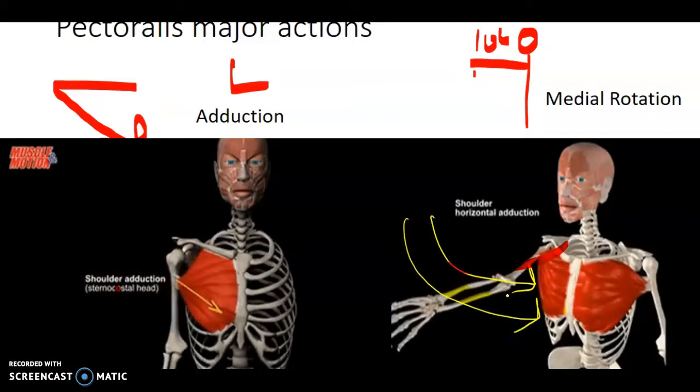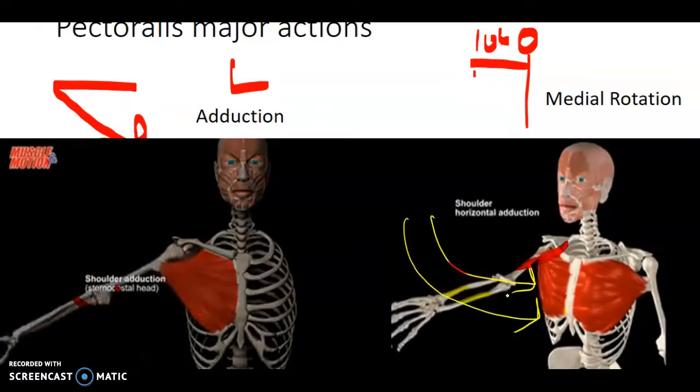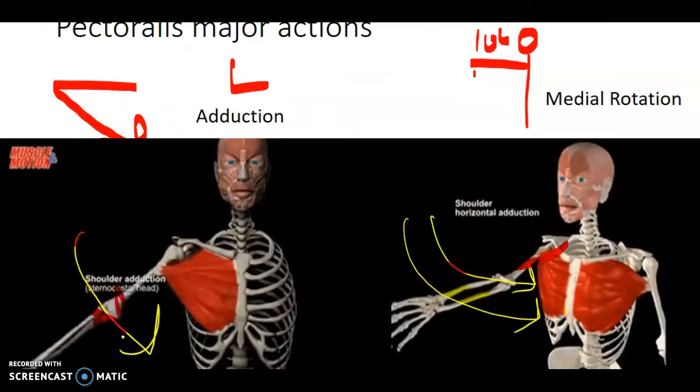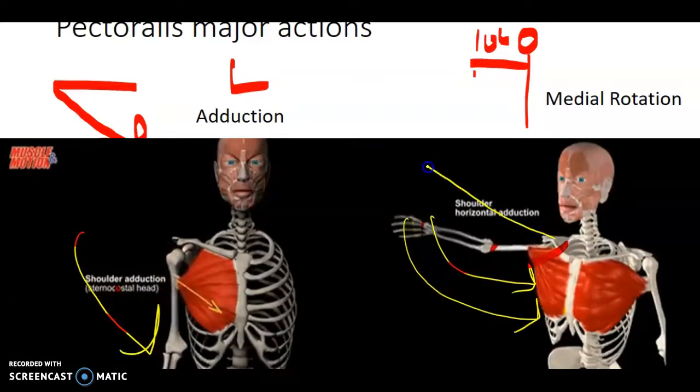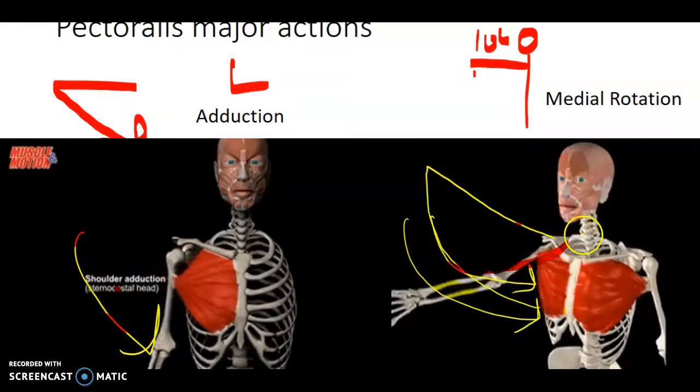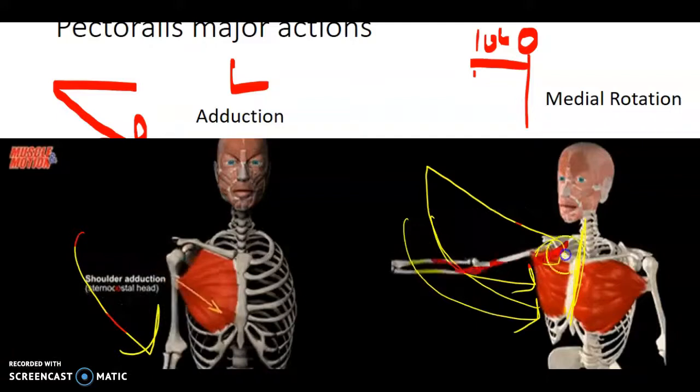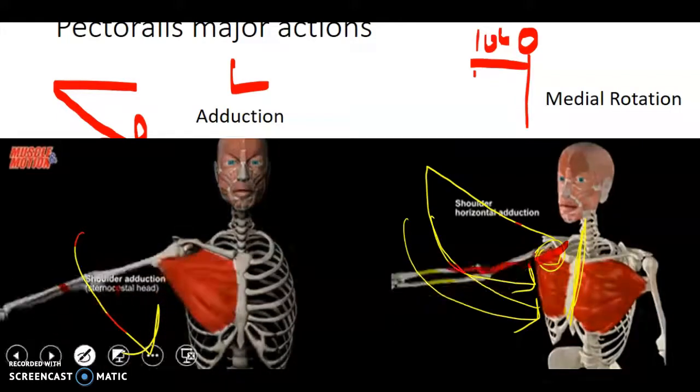So it's sort of like your arms are up at shoulder height and you are clapping towards the center. So adduction, you're bringing it towards your midline. Medial rotation, his arm is out like this and he's bringing it inward. So this angle right here is the angle that's getting less.